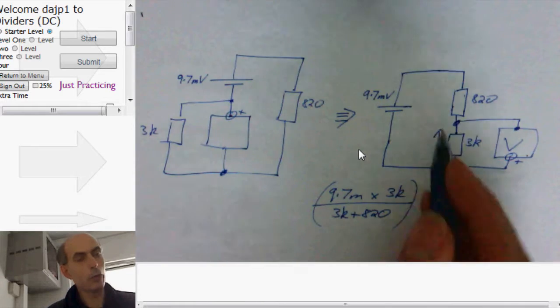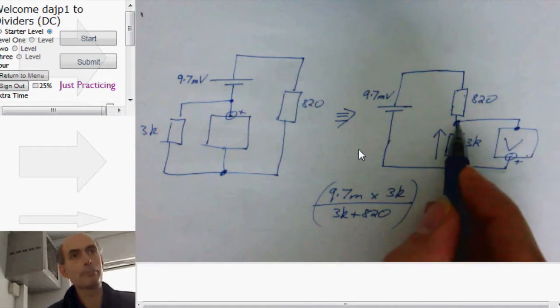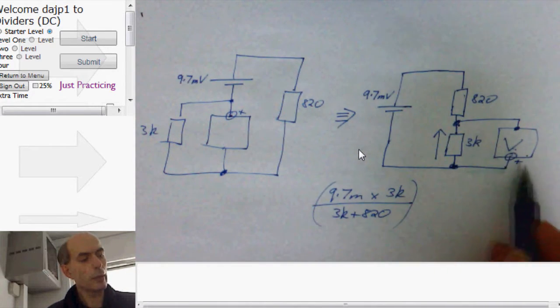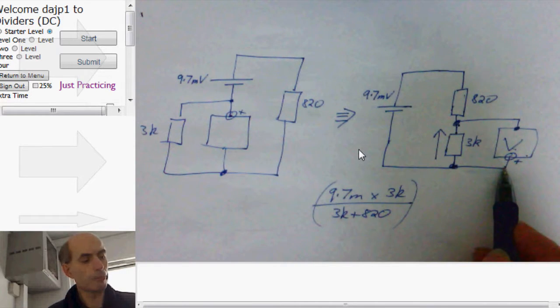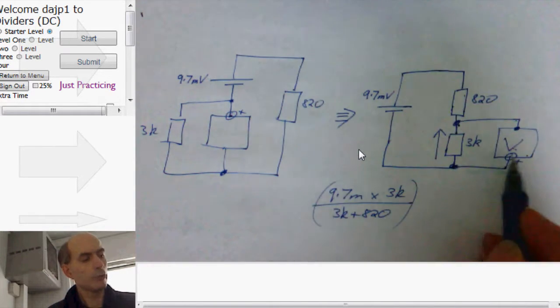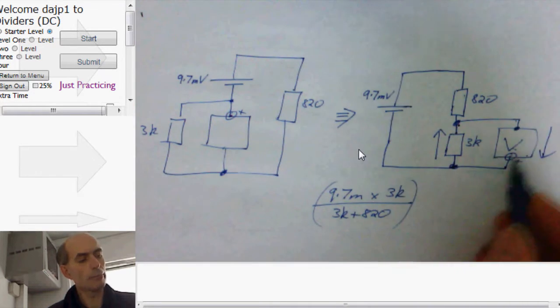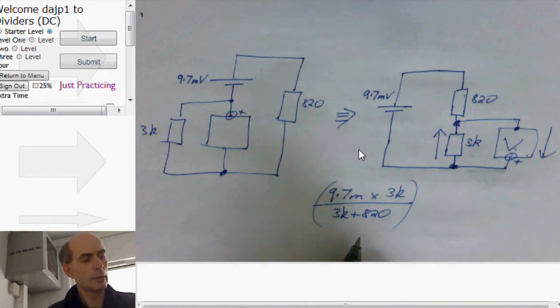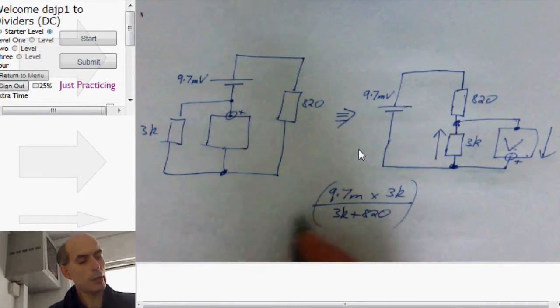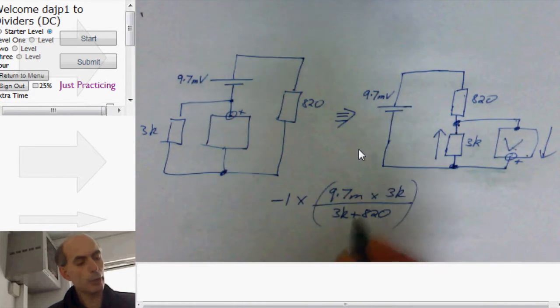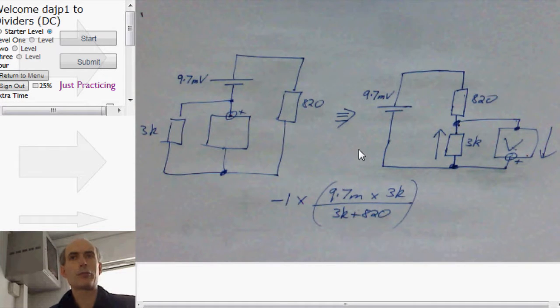But that is what the voltage is from there to there. This voltmeter has its positive terminal on the bottom, not on the top. So the voltmeter is measuring what the voltage is from here to here, in the other direction. So what the voltmeter would actually read is -1 times this. Let's try it.